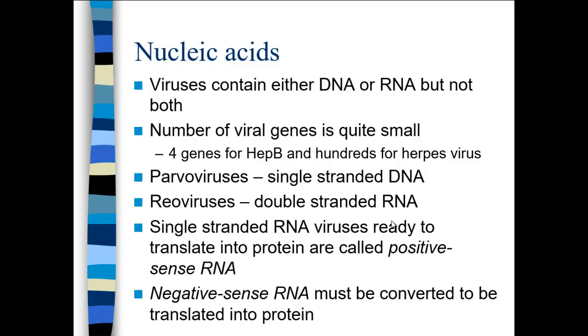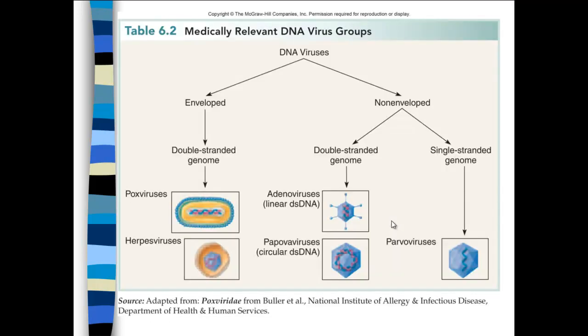Negative sense RNA has to be converted to positive sense RNA, like by an RNA polymerase or a reverse transcriptase or something like that, which will translate the RNA into positive sense RNA, and then it can be converted into protein. Okay.